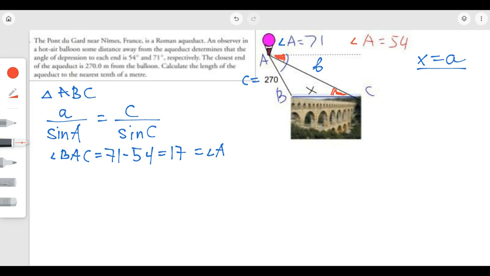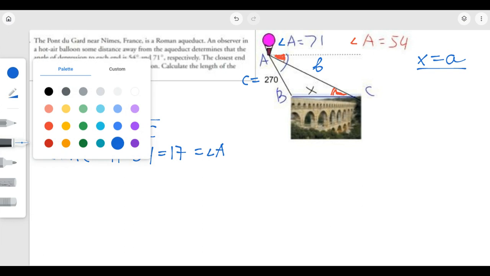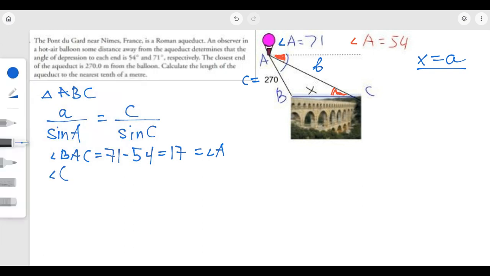Because they are created by the line which is intersecting two parallel lines. What does this mean? It means that angle C is 54 degrees. So now we have everything to input into the sine law.